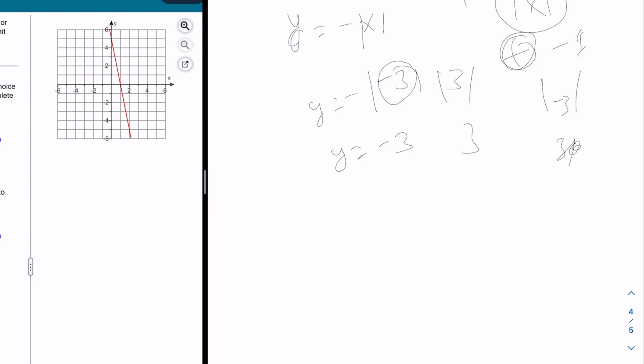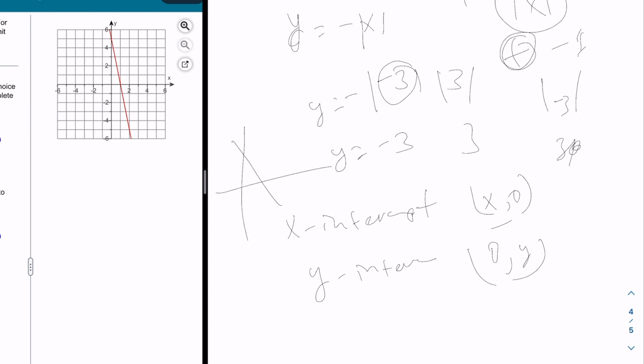So what is the x-intercept? X-intercept means any ordered pair whose y is 0, right? And the y-intercept is the one whose x is 0.